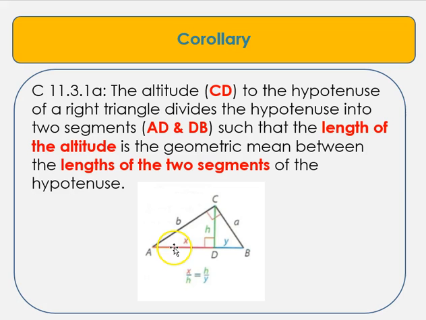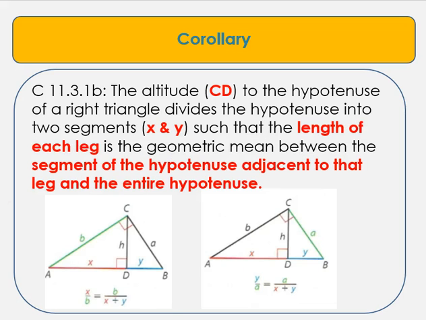So we have the two segments x and y, and x over h equals h over y. What I would do with your theorems and your corollaries is to make sure you have the picture like this right next to them.